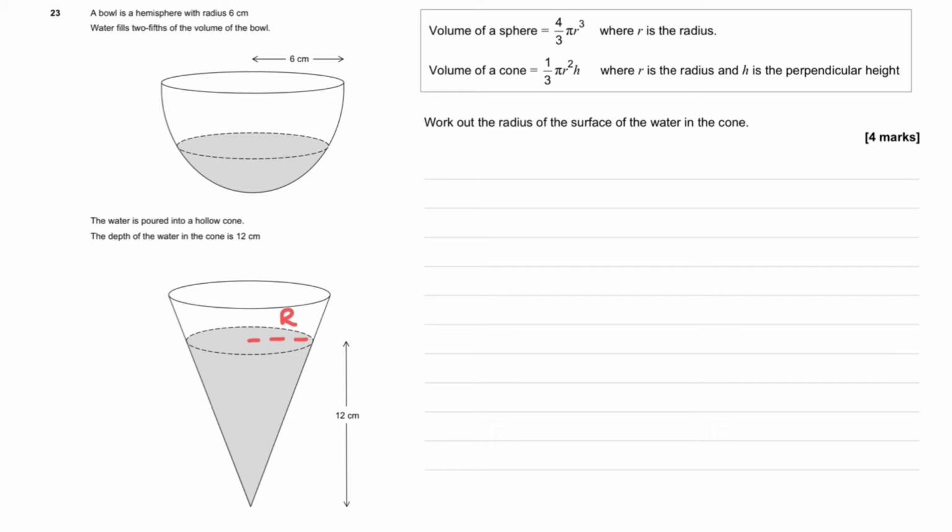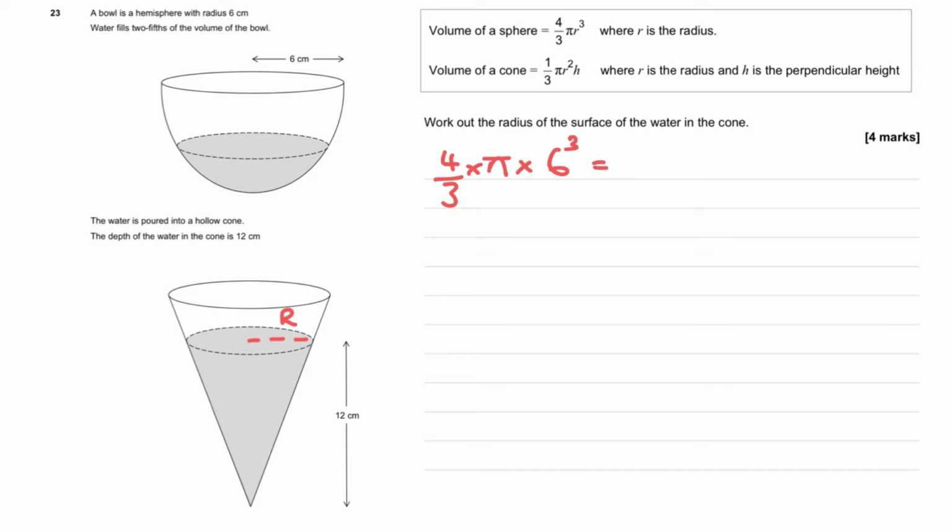So we've got all the information that we need to find out how much water there was when it was in the bowl, and then we can use that to work out the radius of the surface of the water in the cone afterwards. So the volume of the sphere is 4/3 times pi times 6, which is our r value, cubed.